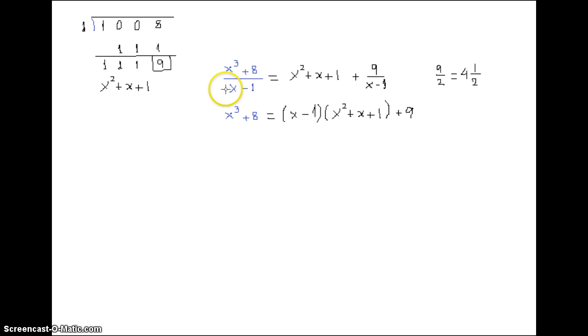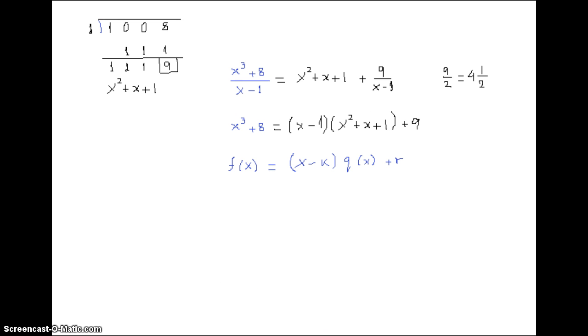If we multiply both sides of this equation by the least common denominator, x minus 1, we'll clear the denominators. So we get x to the third plus 8 is equal to x minus 1, the divisor, times the quotient, x to the second plus x plus 1, plus the remainder. The following theorem is a generalization of the illustrated division process.